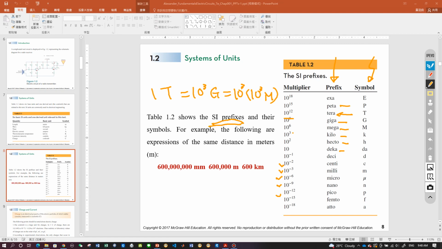SI, what does SI mean? 各位告诉我什么是SI? What is SI? Go. Tell me. You will see later on a lot of things.